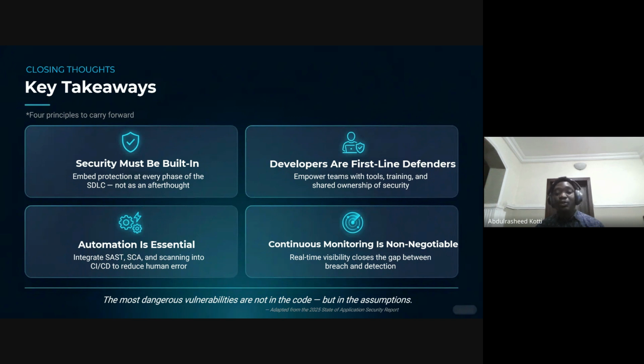Even after your app has been tested and deployed, there is still risk. So systems must be monitored, and this helps to detect attacks at an early stage and to respond quickly. And it also helps to reduce your damage.